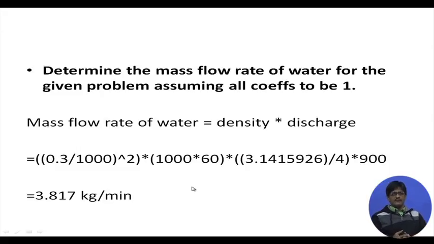So, what do we have here? It means that the water jet equipment is going to consume water at the rate of 3.817 kgs per minute. Now, is that an issue?